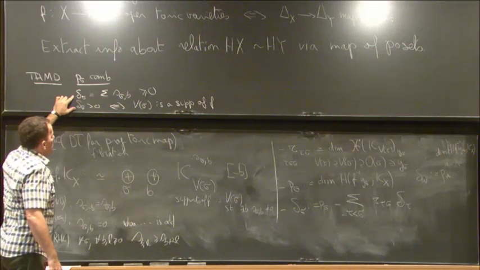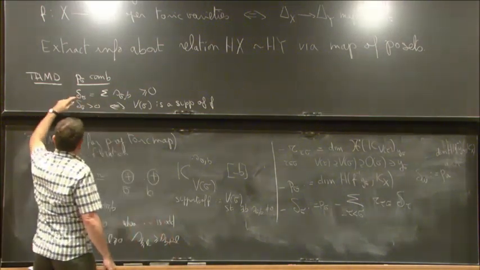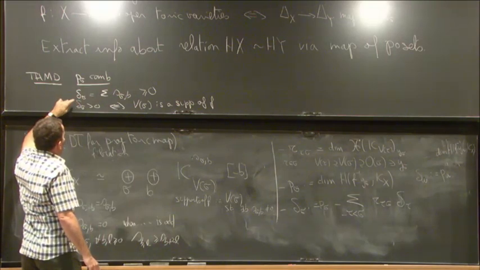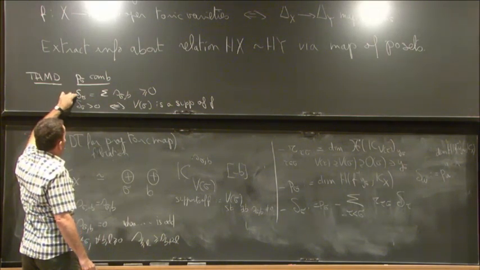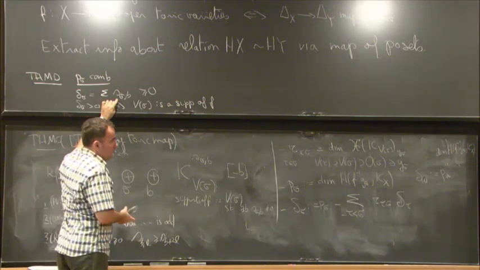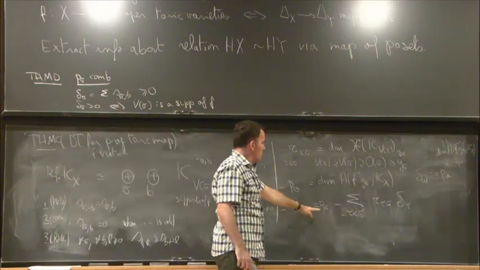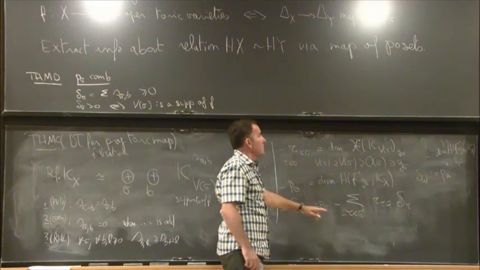But now there is also a further statement that makes it clear that this is also combinatorial. I would like to prove that this is combinatorial according to this definition.